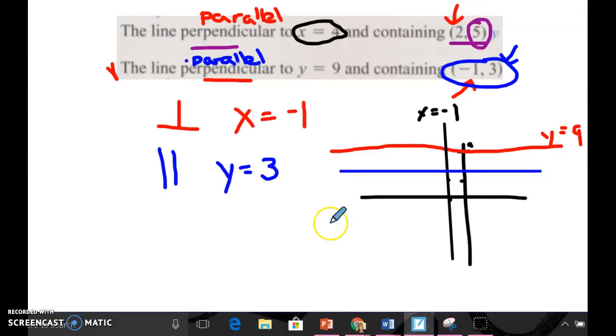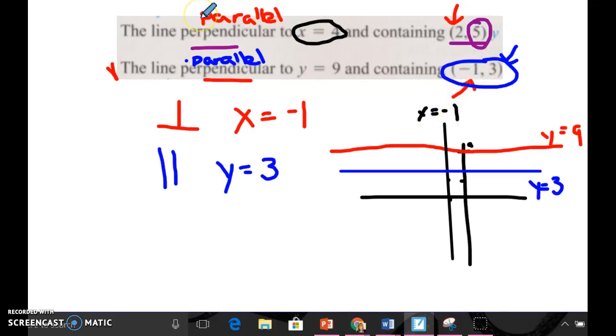So hopefully having these notes will help you to see that if you need to write the equation of a line that is perpendicular to x equals something, then you're going to find the y coordinate. If it's perpendicular to y equals something, then the equation is going to be x equals the x coordinate.